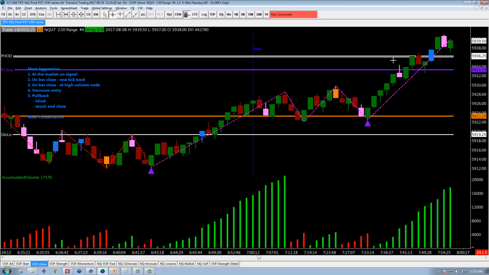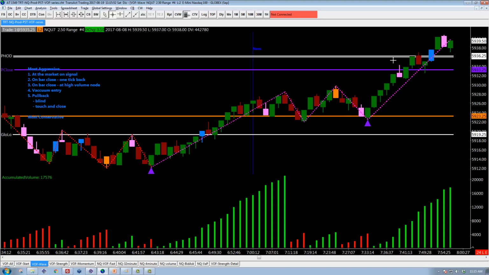Define what method you're going to use in advance, and then just follow that rule. Do that for a week or 2 weeks or 3 weeks, and then look at your results. Look at how you were able to execute that entry, pulling the trigger, and evaluate whether or not you want to make that change.